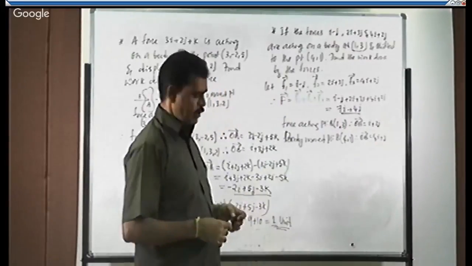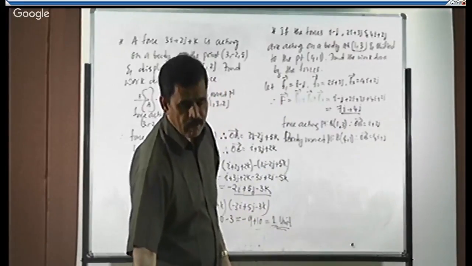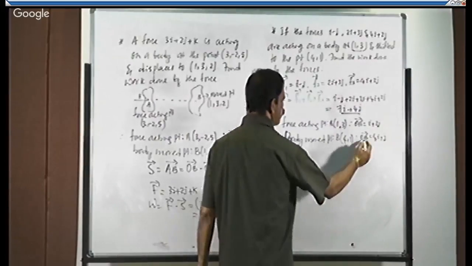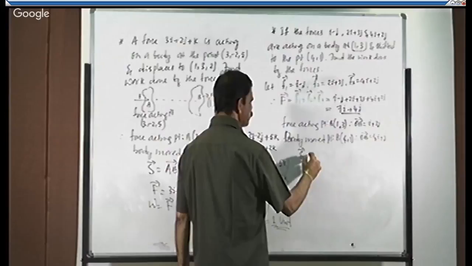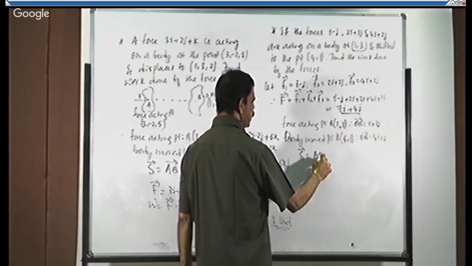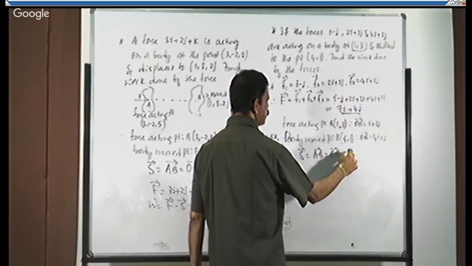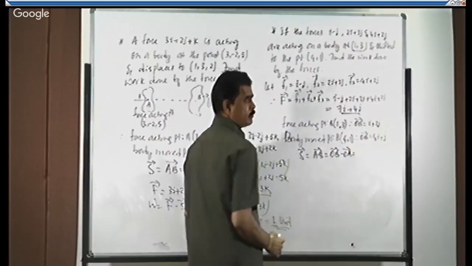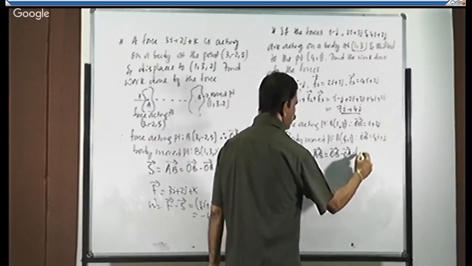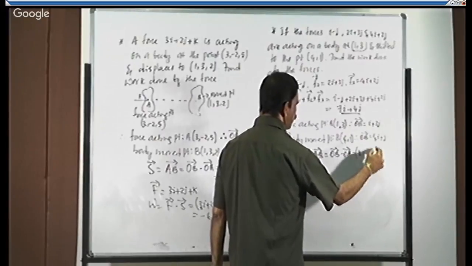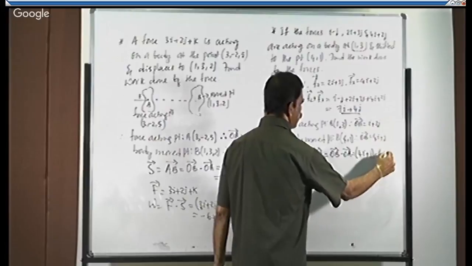We have the position vectors of the force acting point and the body moved point. Then S is equal to what? AB, right? So AB is OB minus OA. OB is 4i plus j, minus OA, i plus 3j.